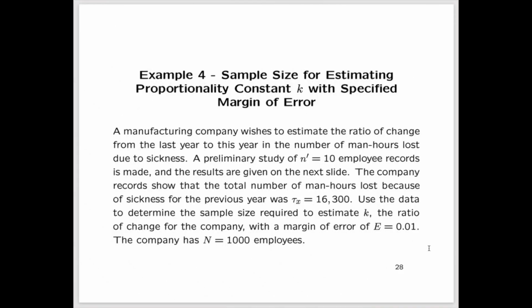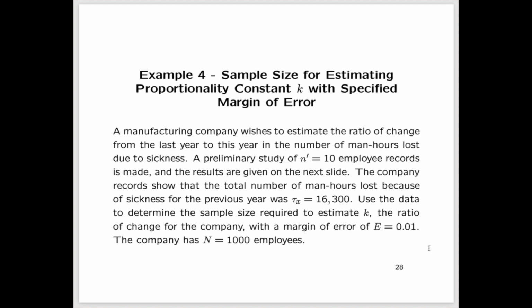A manufacturing company wishes to estimate the ratio of change from the last year to this year in the number of man-hours lost due to sickness. A preliminary study of 10 employee records is made, and the results are given on the next slide.